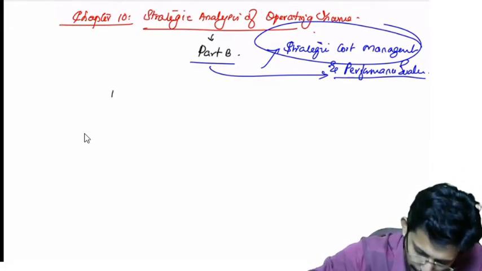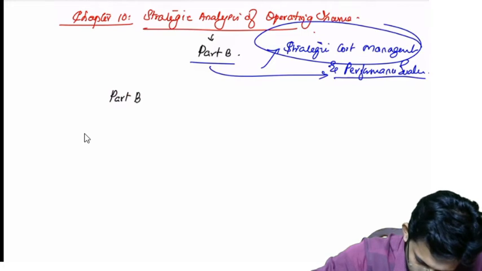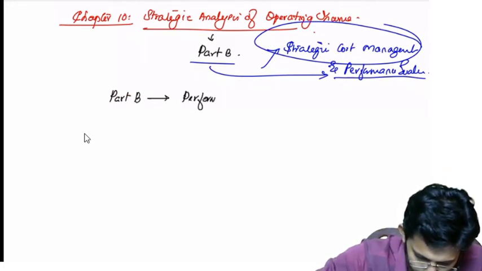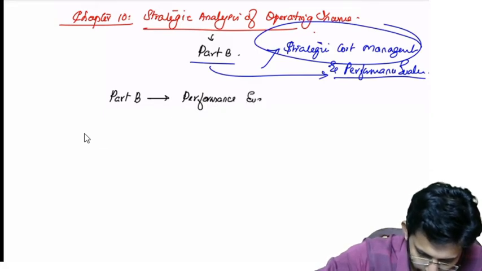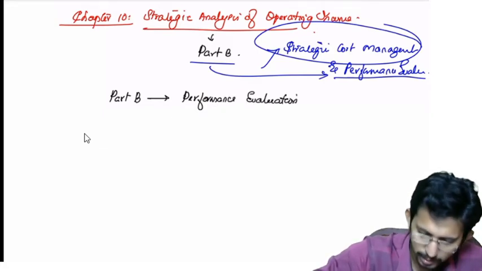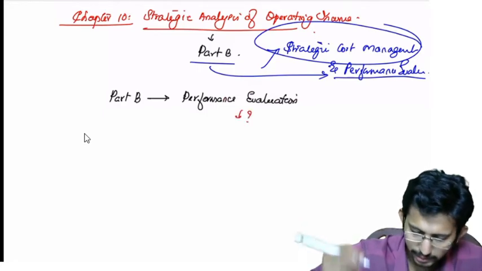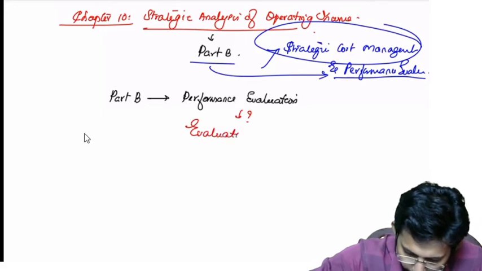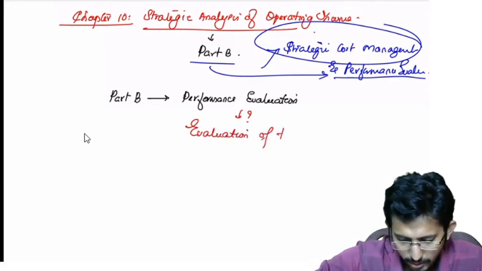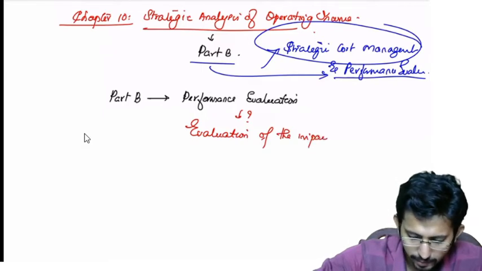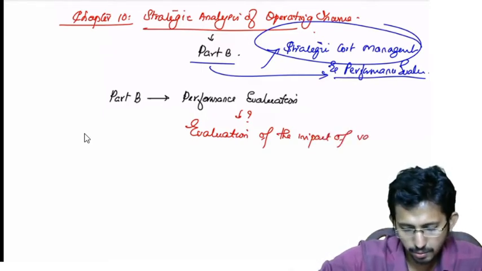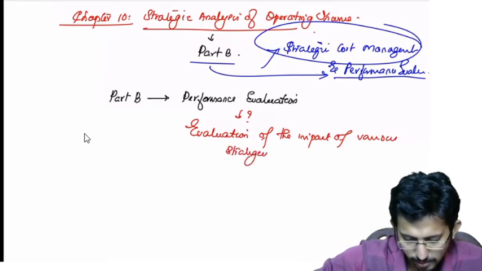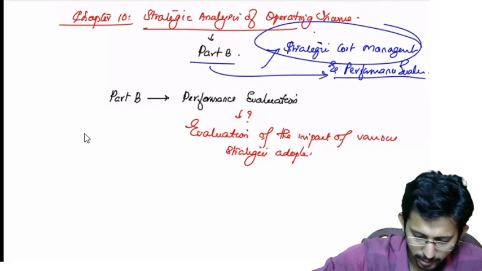Okay, so part B is all about performance evaluation. And what is it? What is this performance evaluation? It is evaluation of the impact of various strategies adopted by the entity.